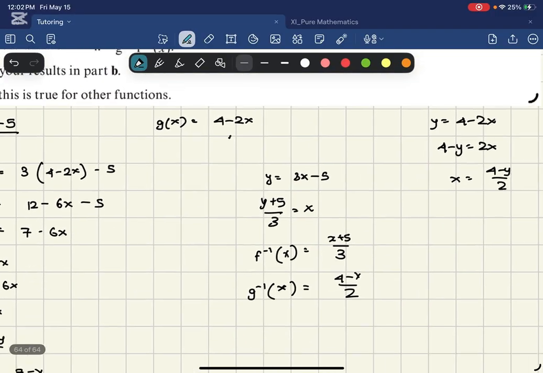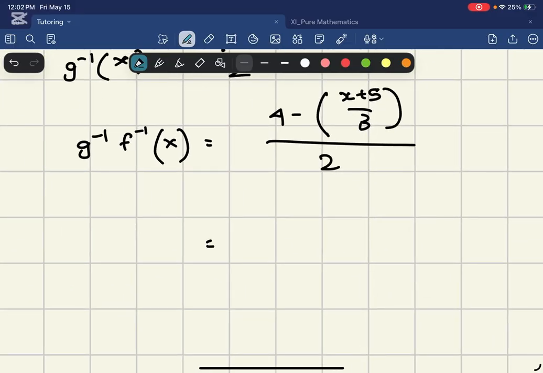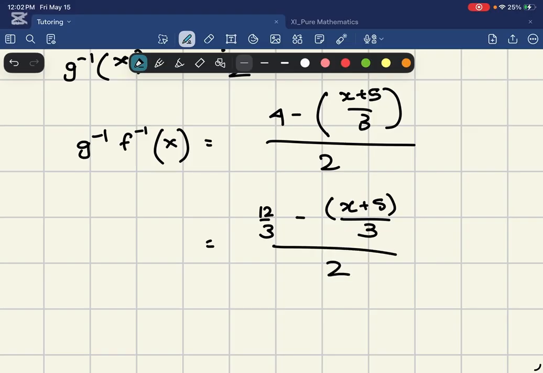So now we need to find g inverse composed f inverse of x. So let me just take the expression of g inverse and I substitute (x + 5)/3 inside. So now I need to simplify. 4, I can write it as 12 over 3, right? With a common denominator of 3, minus (x + 5)/3, all over 2.